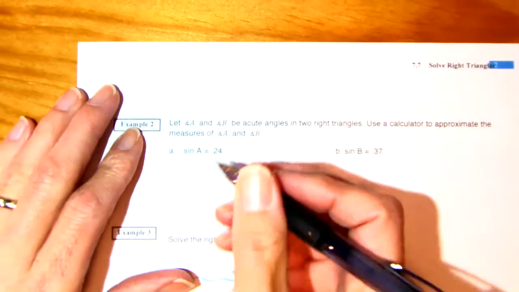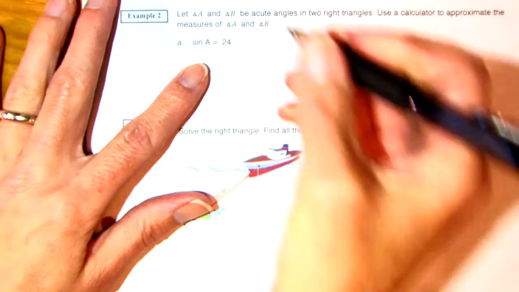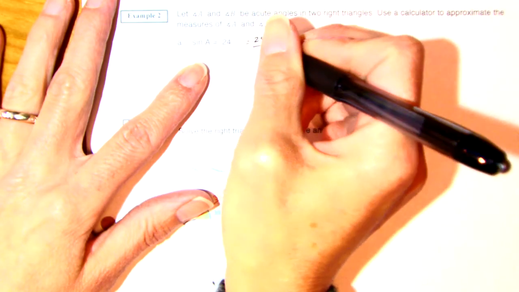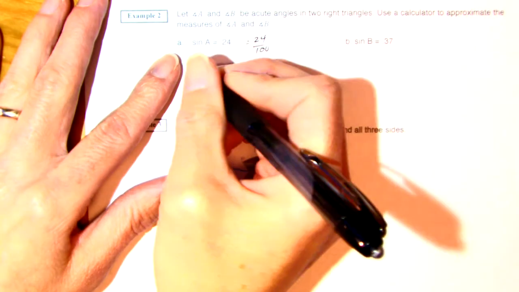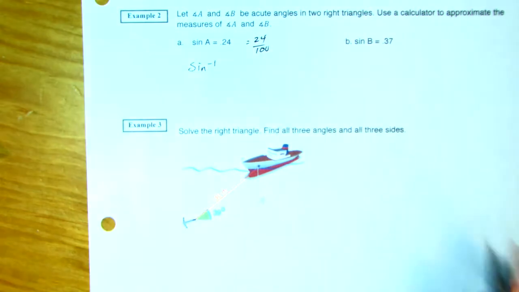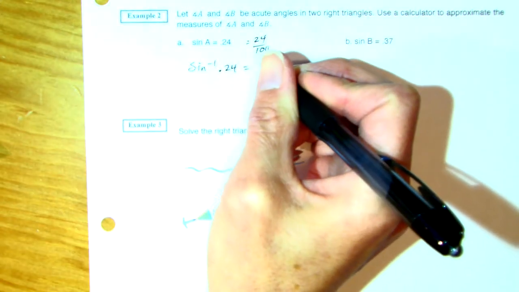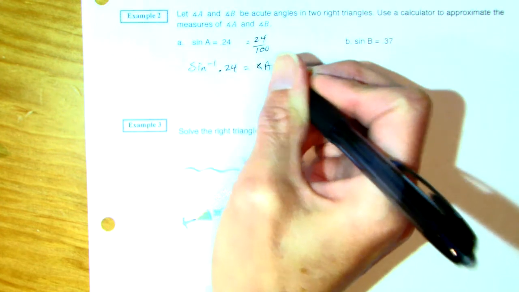Okay, well, let's see here. If I want the angle A, now remember, this is 0.24. That's a ratio of sides. That's the same as 24 over 100, right? So if I want angle A, sine inverse, you can put 24 over 100, which is silly. Or just do sine inverse of 0.24 is equal to angle A. So here we go.